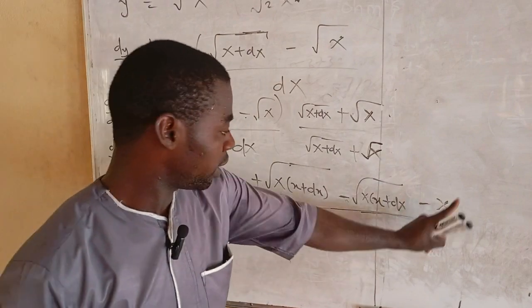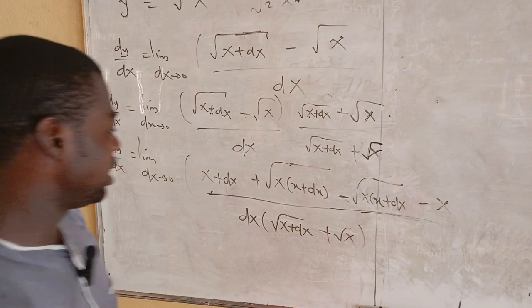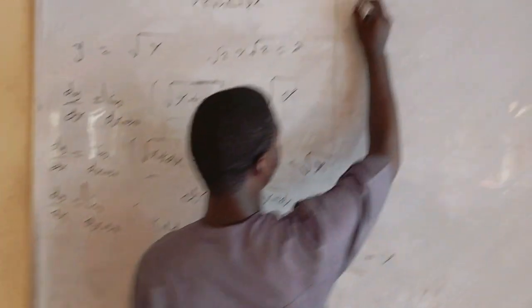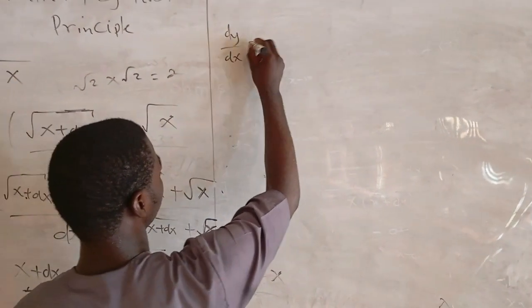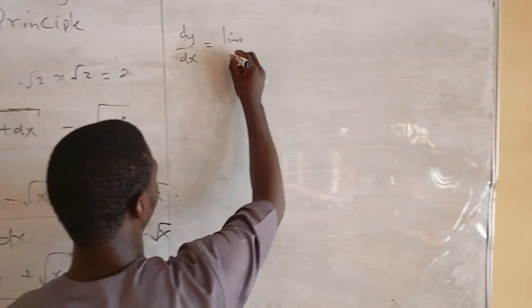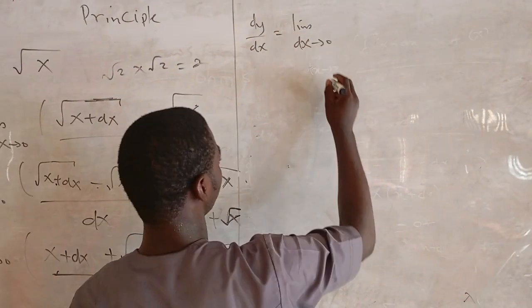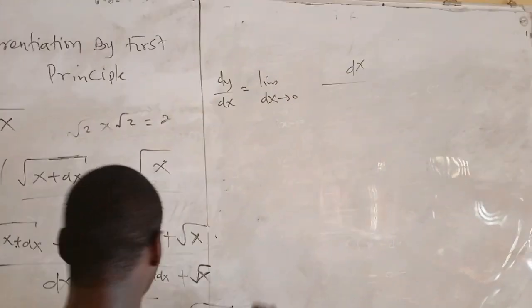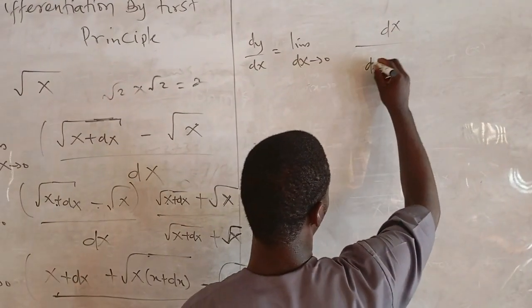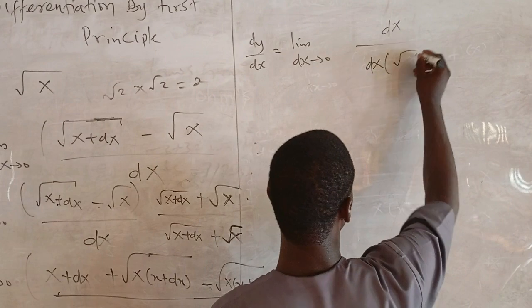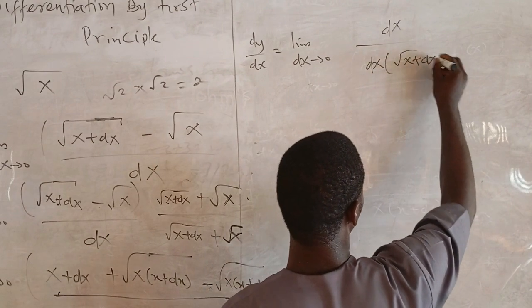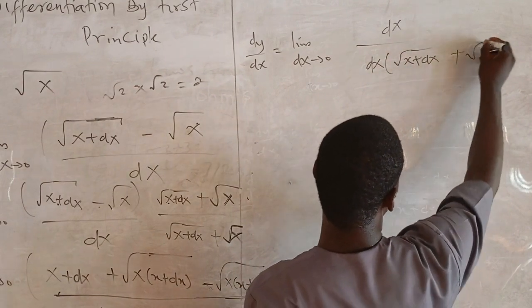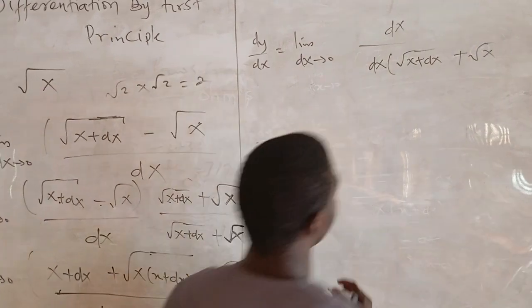So x minus x will give us 0, so we are left with only the dx. So dy/dx is equal to the limit as dx approaches 0, dx all divided by dx into root of x plus dx plus root x, right?